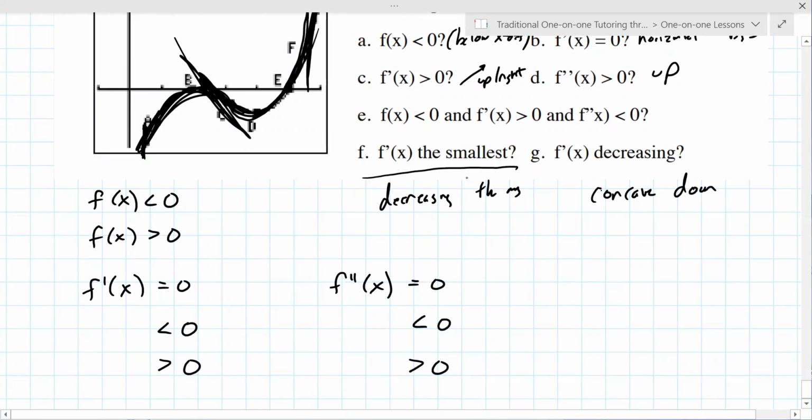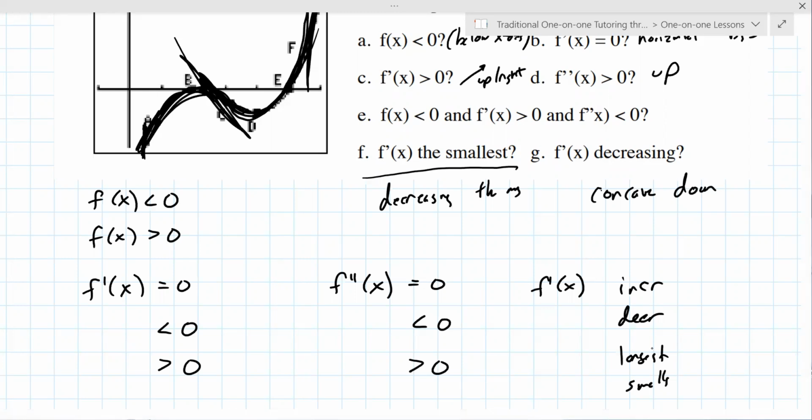And then the other ones where they say f prime of x increasing, decreasing, largest, smallest. There's 12 different questions you could ask on one graph. So just keep that in mind.